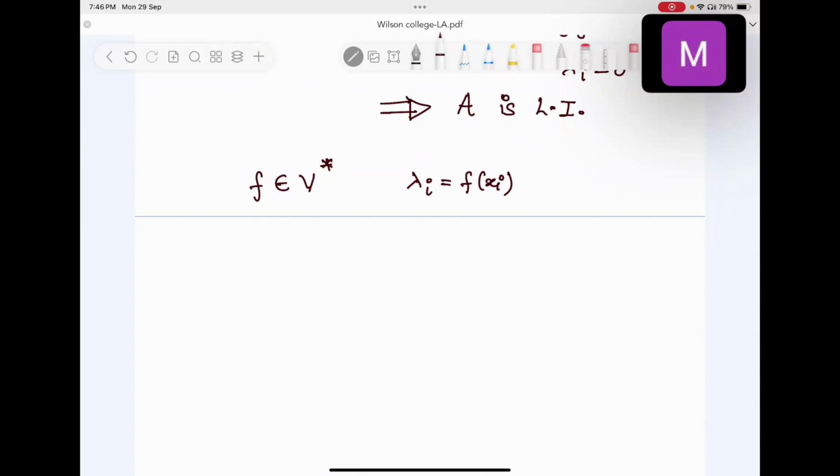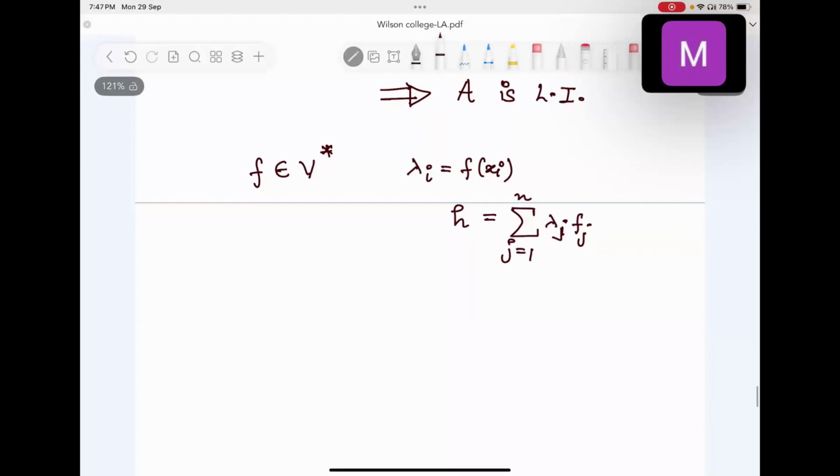Okay. So if you define your h as summation lambda_j f_j, so we have already taken i, so you should write j equals 1 to n, then you can prove that this h is nothing but your f.